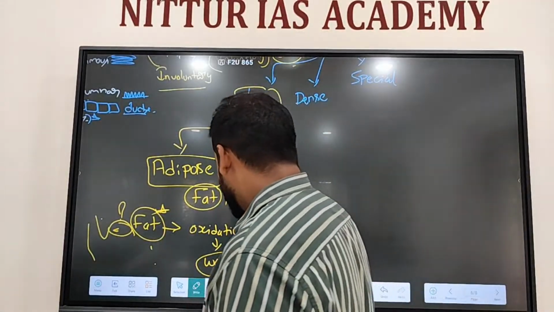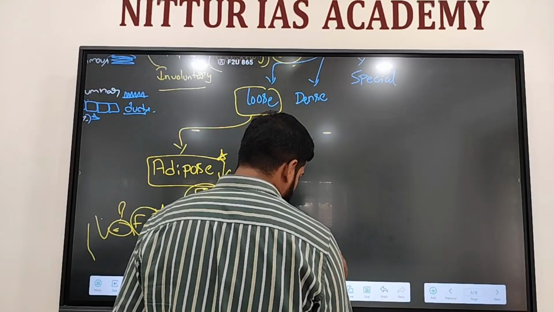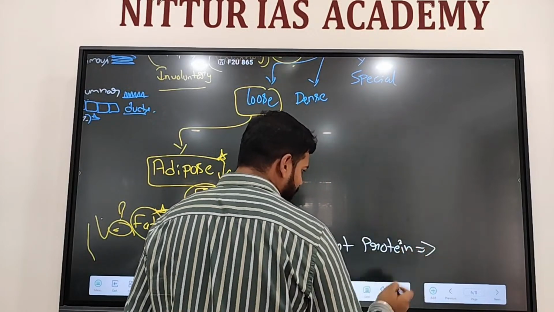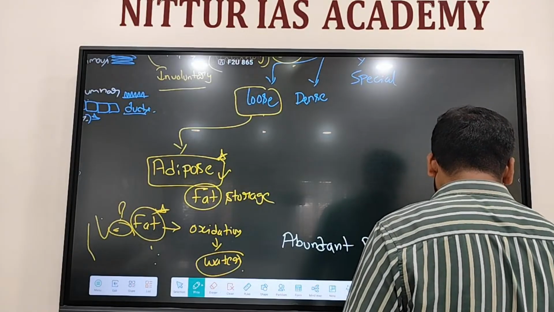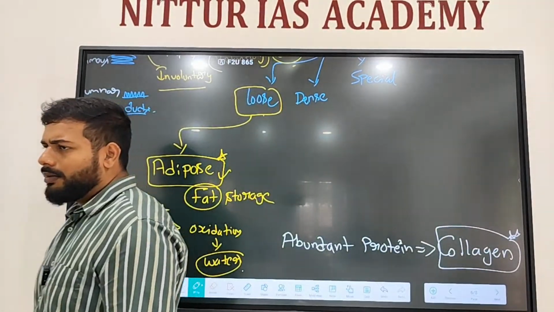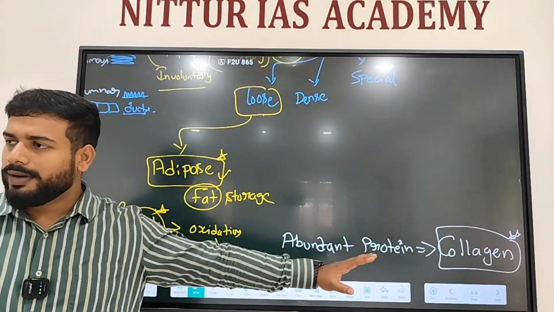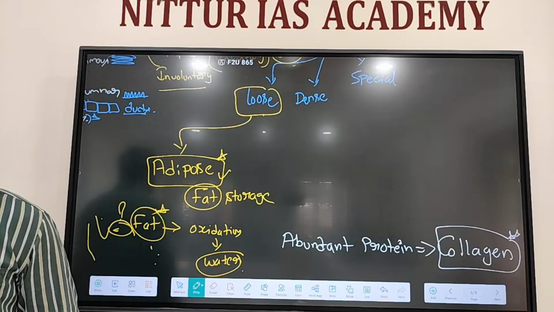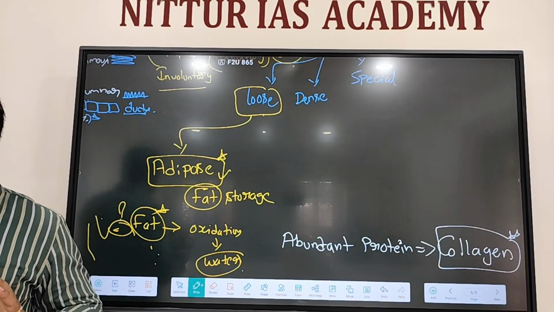Then one more thing: the most abundant protein in our body is collagen. There are so many proteins, and collagen is one among them. In each and every connective tissue, adipose tissue, tendon, ligament, bone, cartilage, collagen is present, except blood.